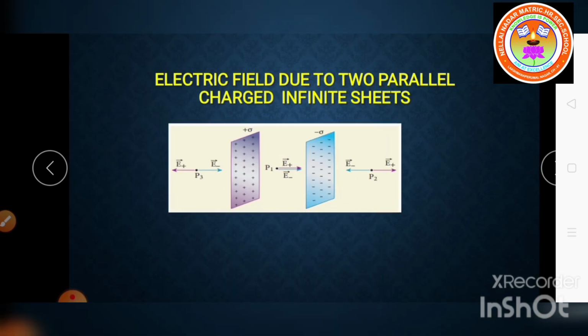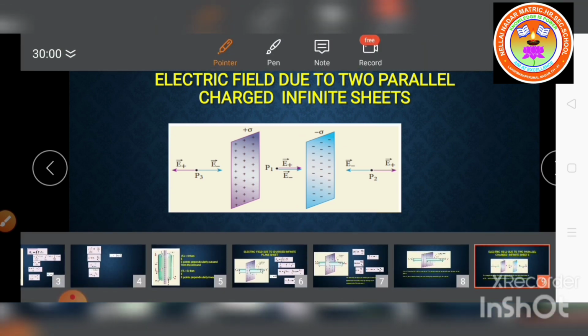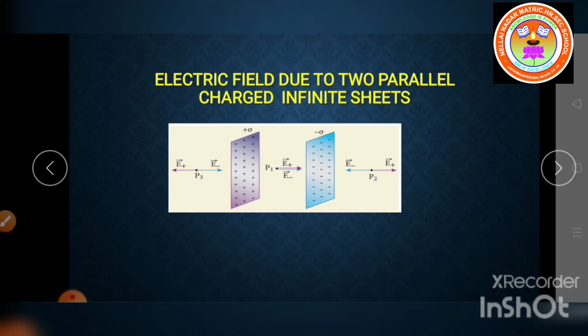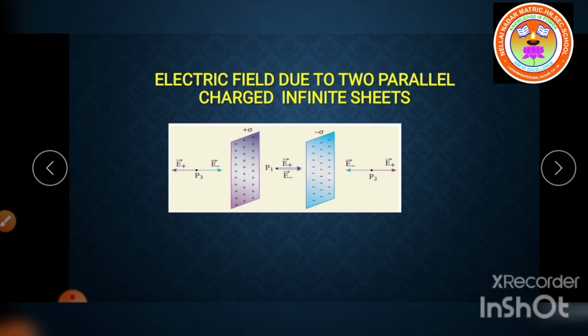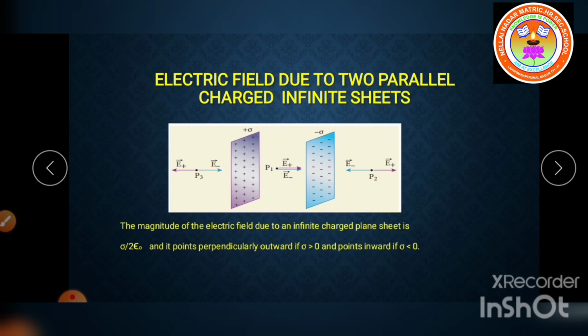Now we can calculate the electric field inside the parallel plate charged sheets. Before that, the magnitude of the electric field due to one infinite charge sheet is sigma by 2 epsilon naught.